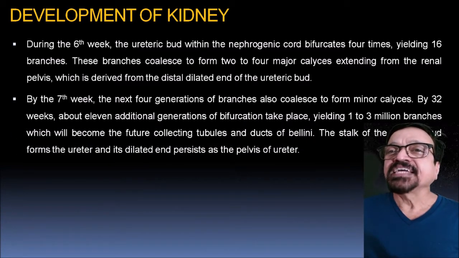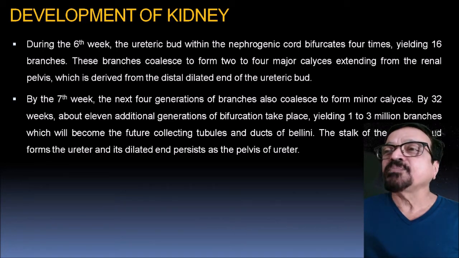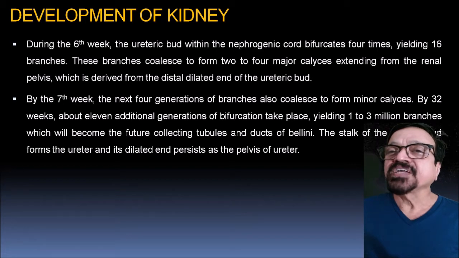By 7th week, the next 4 generations of the branches also coalesce to form minor calyces. By 32 weeks, about 11 additional generations of bifurcation take place, yielding 1 to 3 million branches, which will become the future collecting tubules. Note they are between 1 to 3 millions.